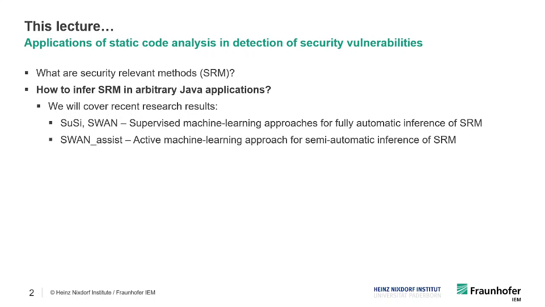Then we are also going to see what SWAN Assist is. In short, this is an active machine learning approach for semi-automatic inference of security relevant methods. As you see here, we are also going to motivate why we need semi-automation instead of fully automatic approaches.